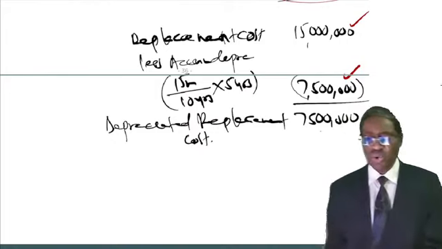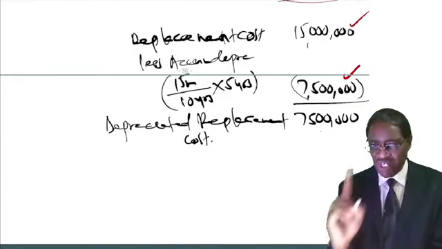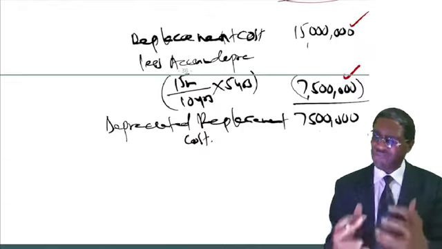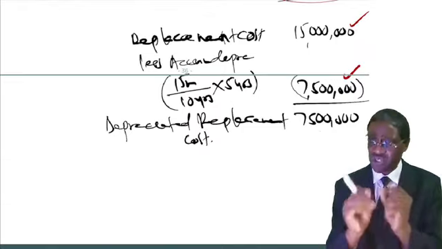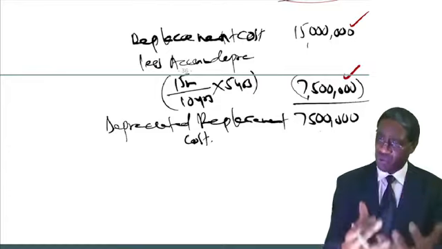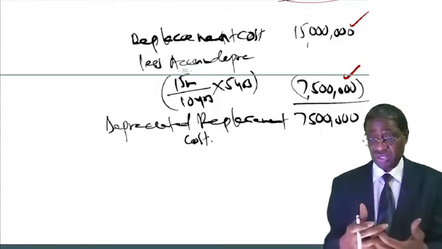You will have to ask yourself, we are using the restoration cost method. You will have to find out, to restore the vehicle that was destroyed or had been damaged to a usable condition, what would be the restoration cost?